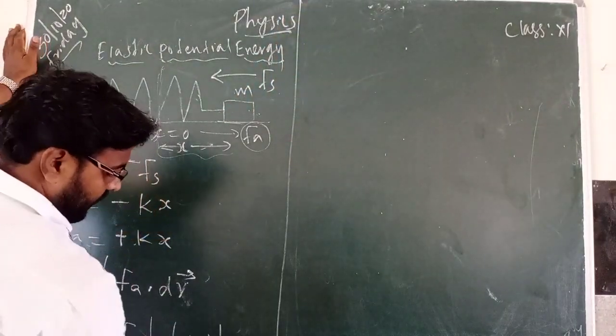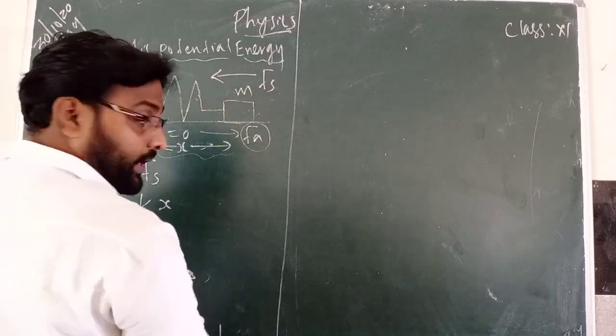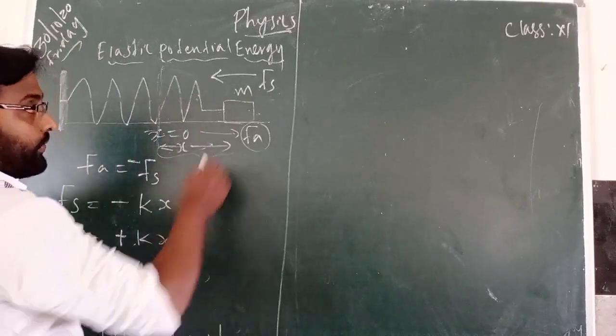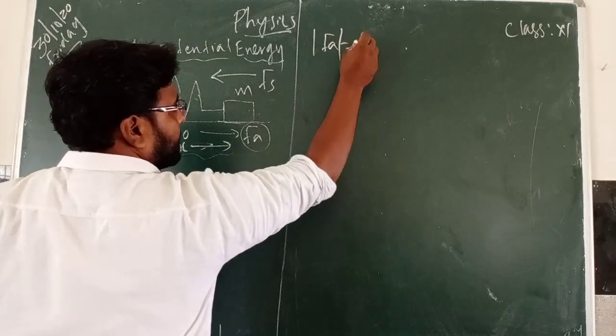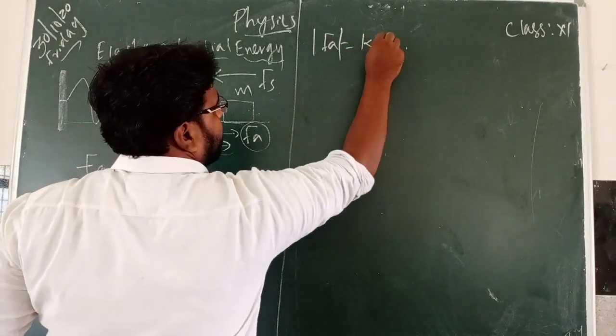Now what is Fa? The magnitude of Fa is kx.